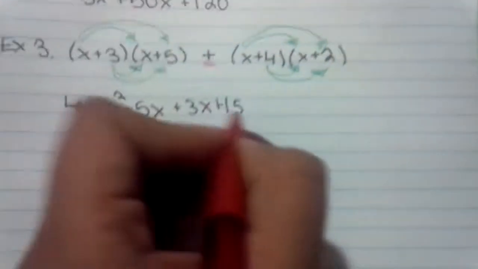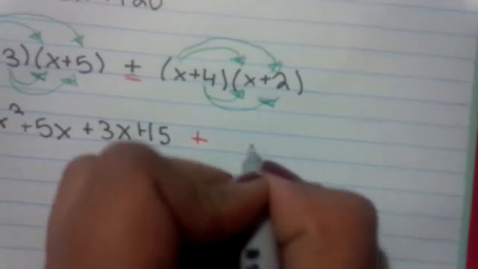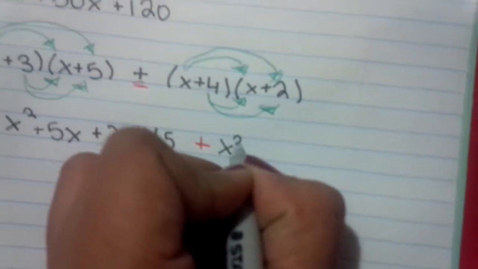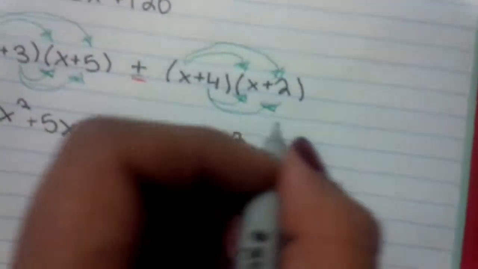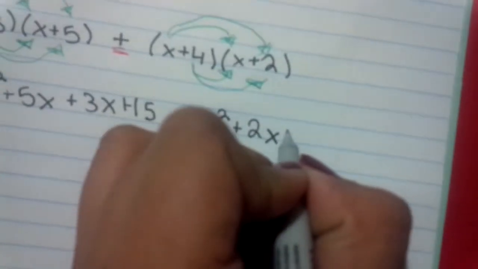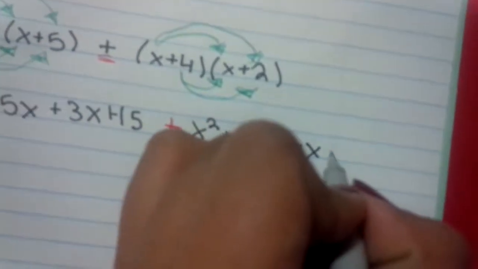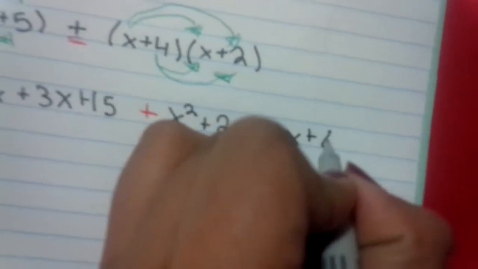And now I'm going to put the plus sign, which is this one, in red. Plus x times x, again, gives us x squared. X times 2 gives us 2x. X times 4 gives us 4x. And 4 times 2 gives us 8.